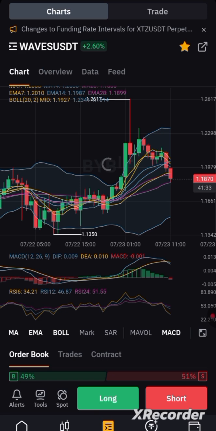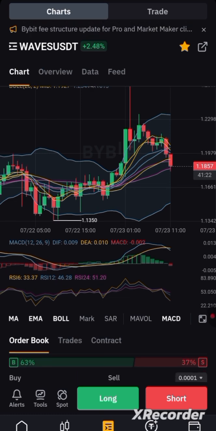Some traders don't use Bollinger because it shows you all the movement of that coin from the past till the current movement of that particular market.